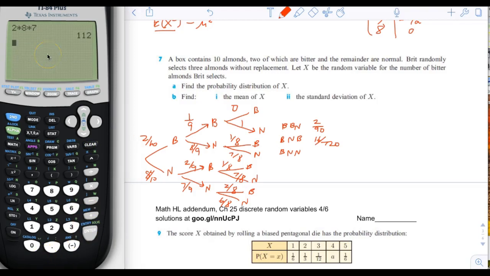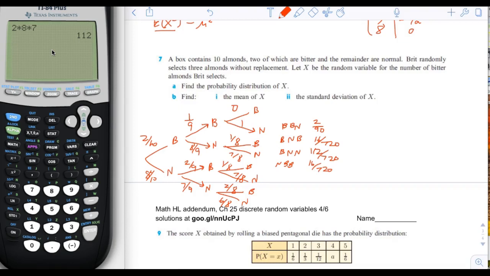So the numerator is 2 times 8 times 7, which is 112. And the denominator is 720. And then the fifth one is NBB, which is 8 times 2 times 1, which is 16. And the denominator is the same.